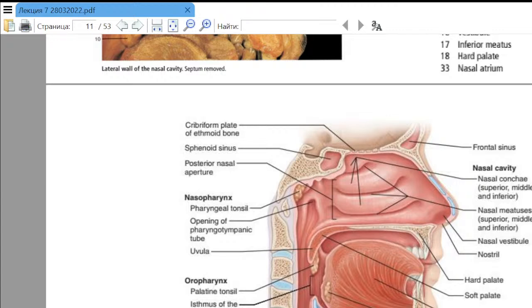This is the nasal vestibule, nostril. This is the external skeleton of the nose. This is the sinus. This is the crista galli. This is the sphenoid bone. This is the ethmoid bone. The vertebra. Oral cavity.